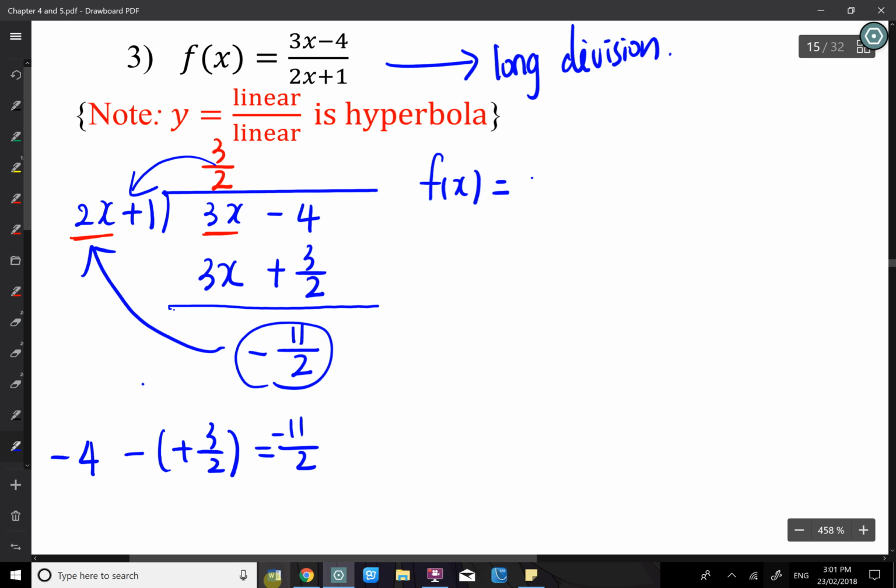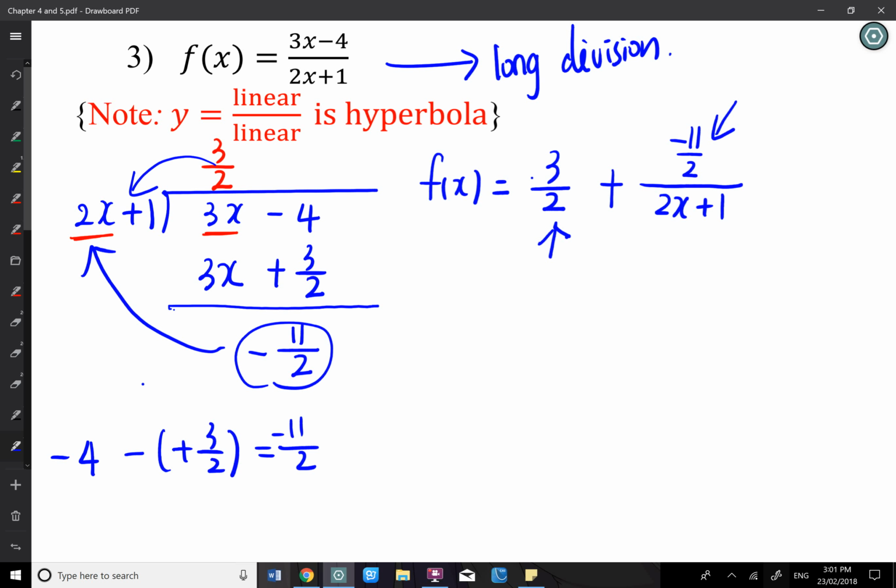3 over 2 plus minus 11 over 2 over the 2x plus 1. That's the top number, the remainder, still over the divisor. That's exactly the same as when you do number divisions.